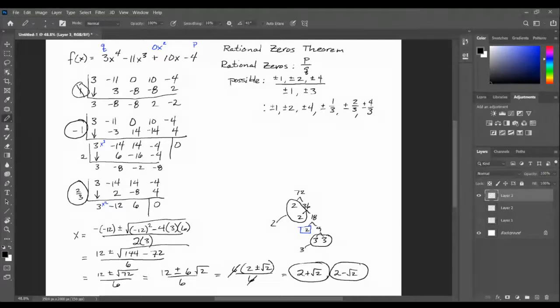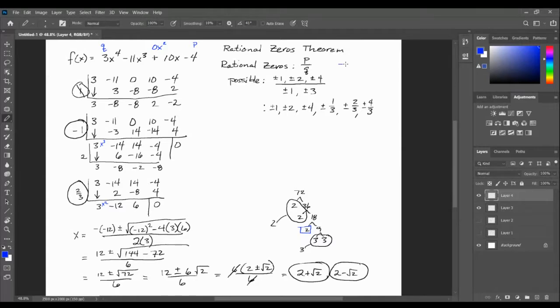Now let me show you something else that might speed it up a little once you're in the middle, and that's Descartes' rule of signs. So what I'm going to do is see if I can keep the rational zeros. I want to write the zeros down though, because I want to fill the space down below here with something else.